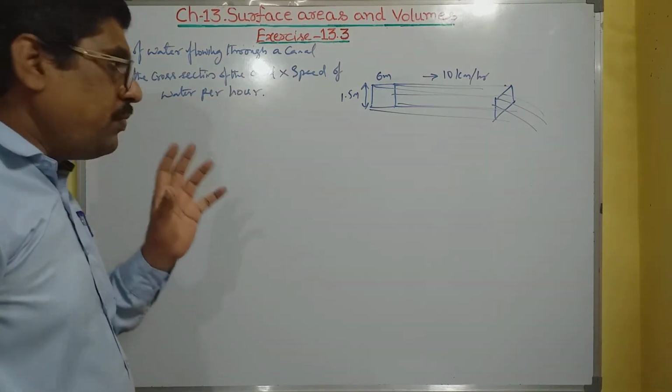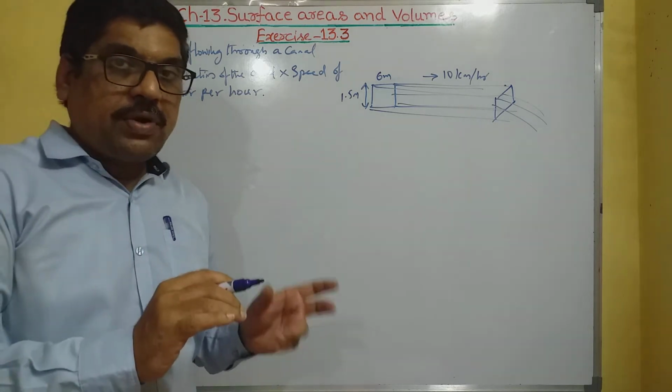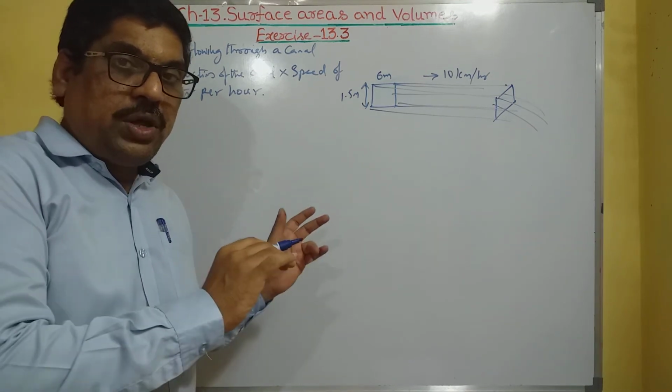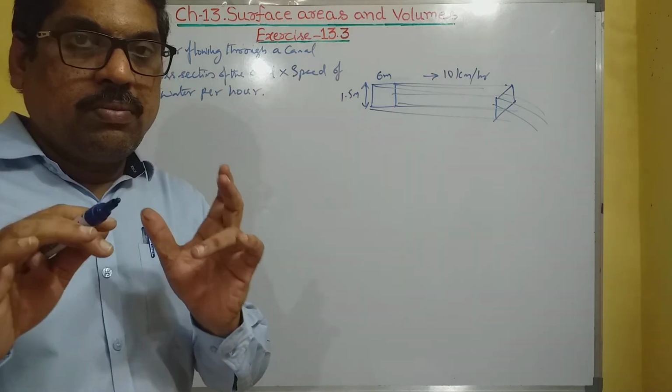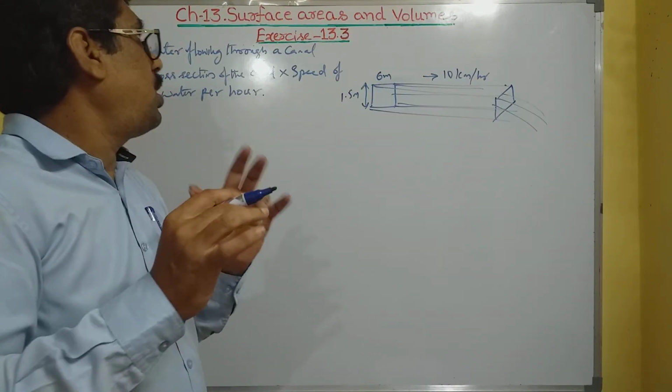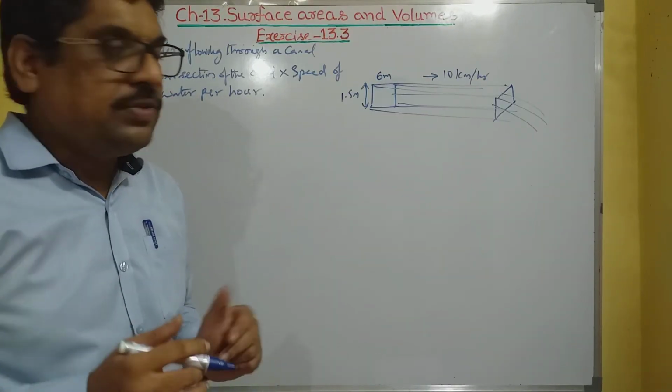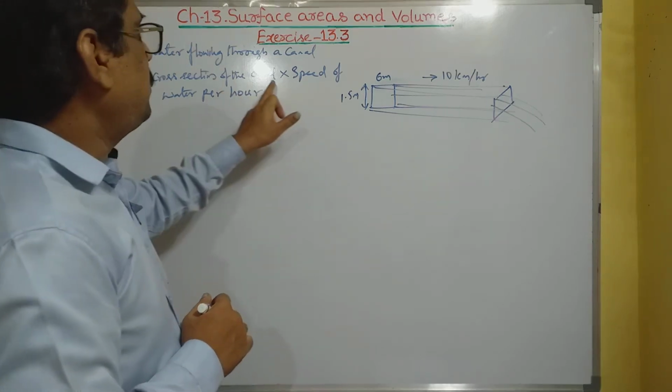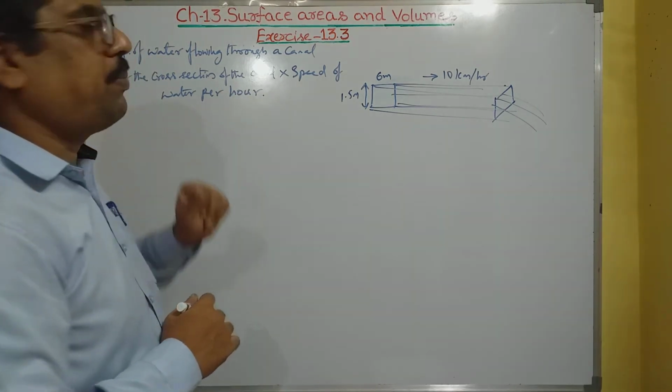This is a very important formula. Volume of water flowing through a canal per hour is equal to area of cross section of the canal into speed of the water per hour.